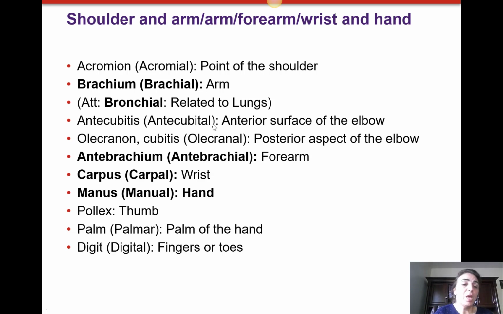And the carpus or carpal is the wrist area. The whole hand is called manus, and manual is the adjective for that. Thumb itself is called pollex. The palm of the hand is called palm, and palmar is the adjective for that. And each finger is called digit, and digital is the adjective for that.